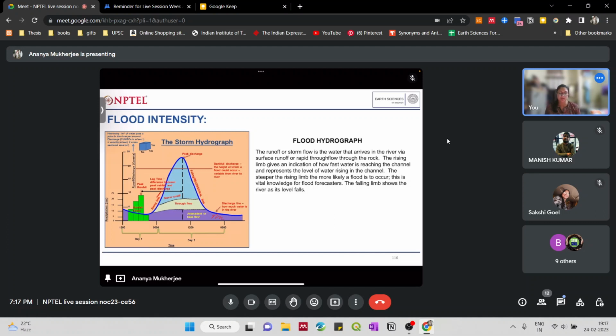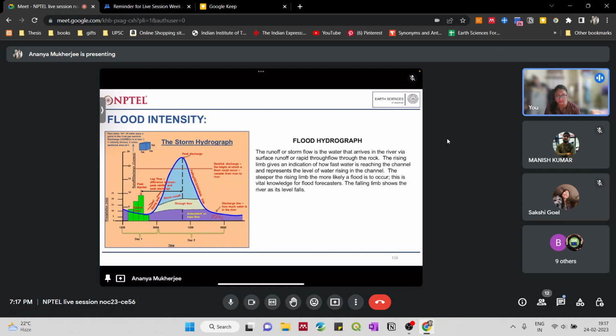Then as the input of water is increasing, first you have through flow. That through flow can just go into the area that is next to it. It is not going to cause flooding.